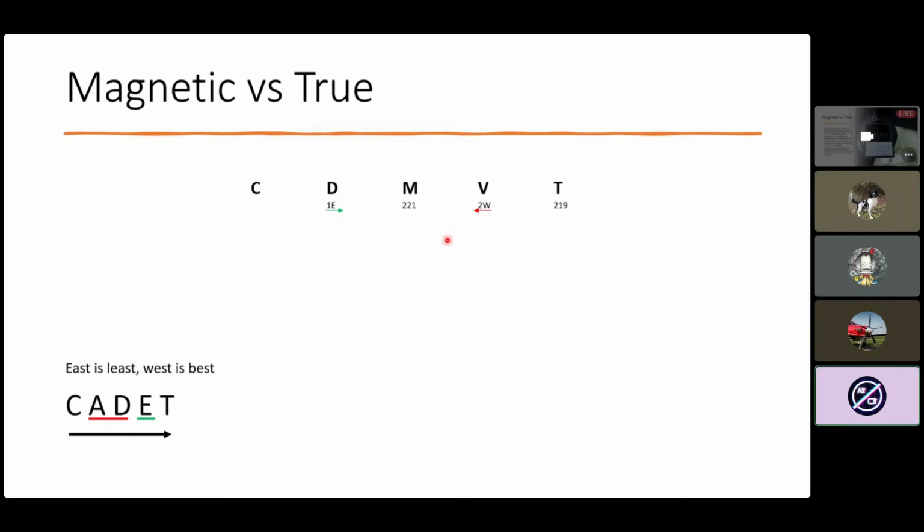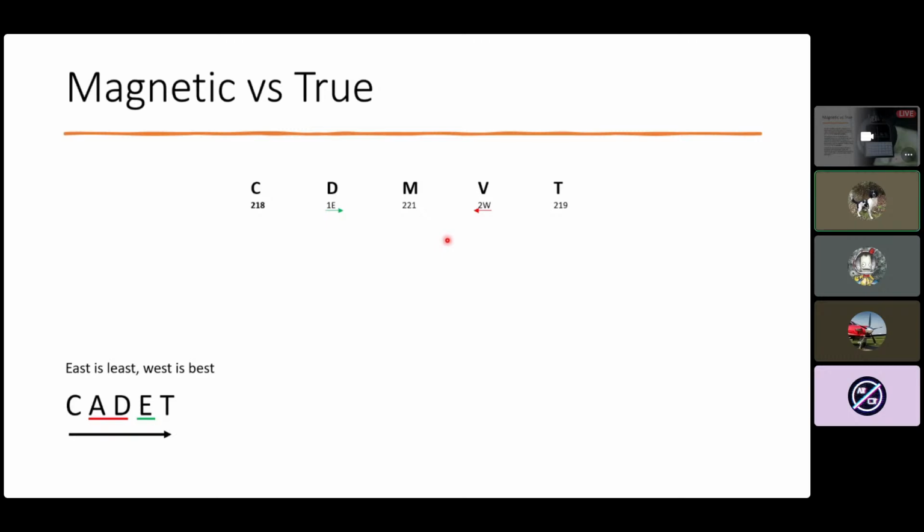Would it be 220? Yes, correct. I've just noticed I changed the deviation, so it was bigger before and I've not updated the slide, but well done. It's subtracting because the arrow is pointing to the magnetic heading, so the compass heading is slightly less. In this case, the variation and deviation cancel each other out.